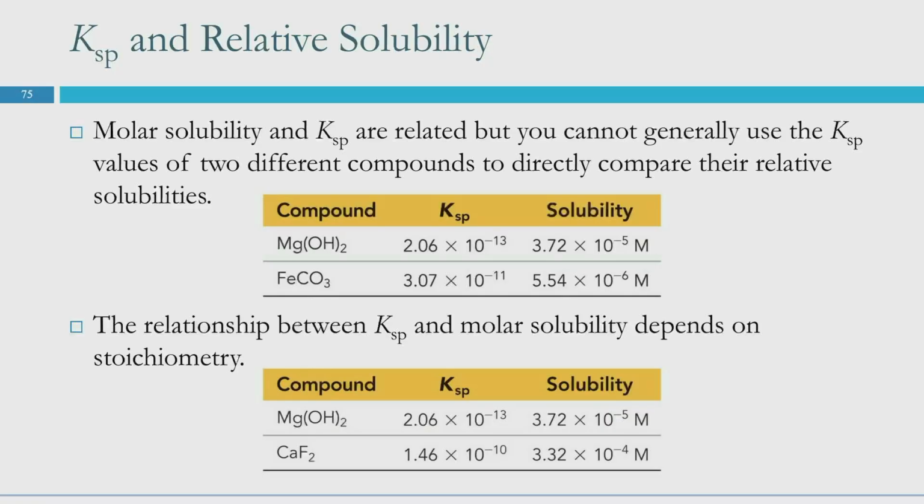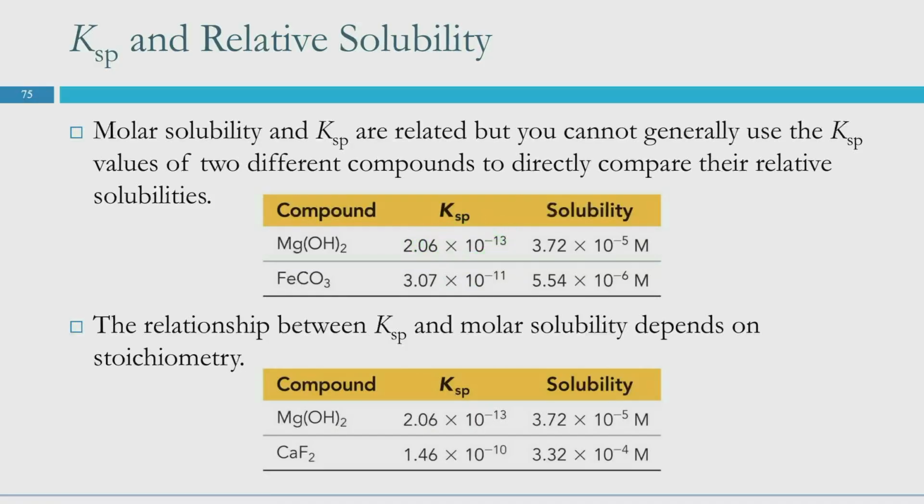So molar solubility, S, and Ksp are related, but if we have two different compounds, we can't use them to directly compare the two. So let's look at magnesium hydroxide and iron 2 carbonate. Their Ksp values: magnesium hydroxide's is lower than iron 2 carbonate's, FeCO3's.